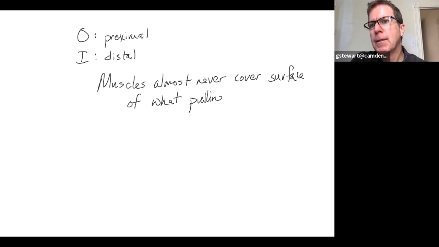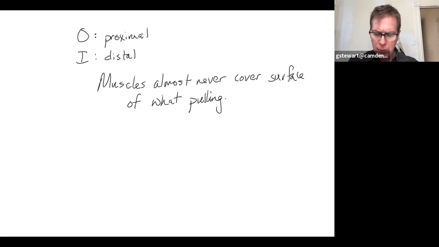Classic example again: when you flex your forearm at the elbow, your biceps brachii is actually pulling on your forearm. It doesn't cover your radius and ulna, though. It covers your humerus. So the muscles are in contact with the lever they're pulling, but they don't actually cover it.